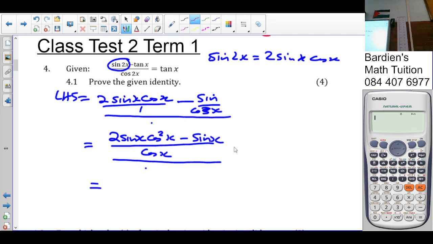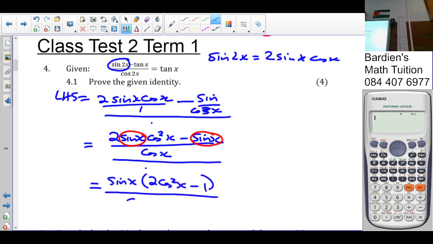If you're looking at the numerator, what do you notice? Sine x is a common factor, not so. So you got sine x into 2 cos squared x minus 1 over cos x all over what I'm going to fill in here now.